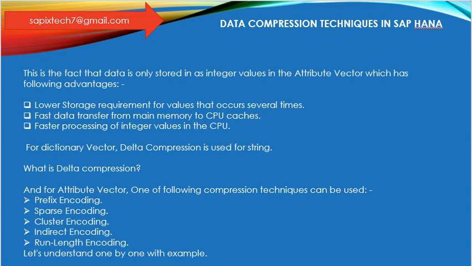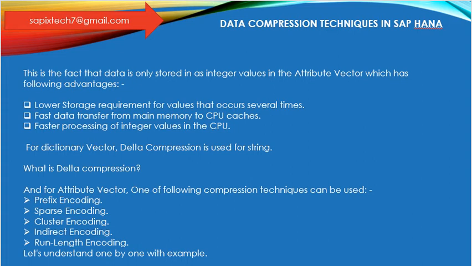So in my previous videos, as I discussed various techniques about data compression, the fact is that data is stored in integer format, and the CPU loves processing integer values in comparison to string and character values.